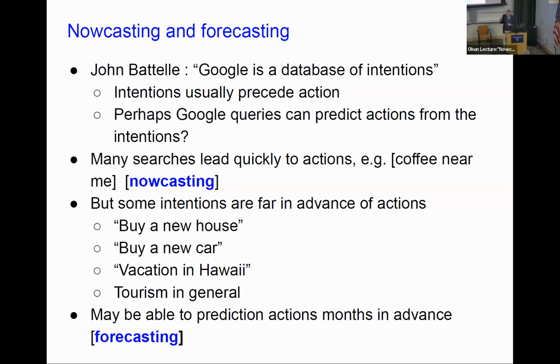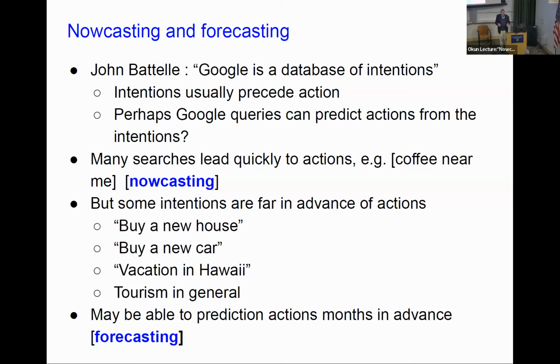And that's the paradigm case of nowcasting. I want to look at what's going on now. But there are some cases where the intentions occur far in advance of the actions, where you have some decision that's going to occur as a response to your questions in some ways, but it might be months. So buying a new house, that's a process that takes months to happen.